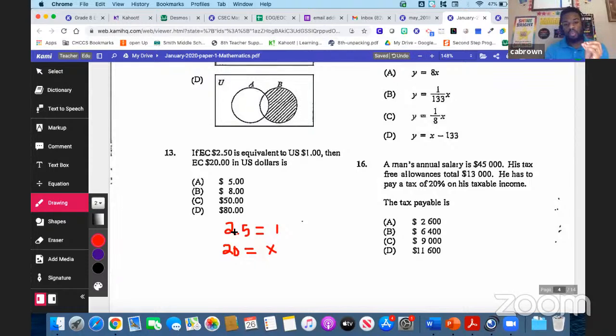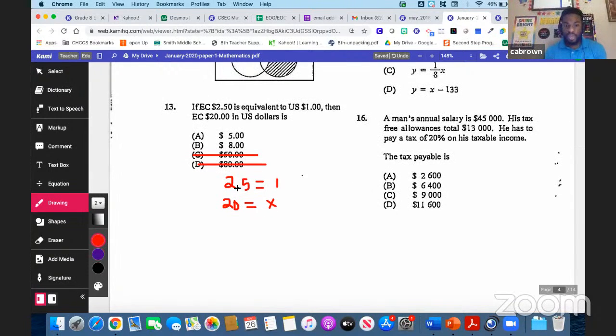If it takes $2.50 to get 1 US dollar, it clearly means that the EC has a smaller value. The US is stronger because it takes $2.50 to make one US dollar. So right away, we know that our answer cannot be C and it cannot be D. Those values are too large.